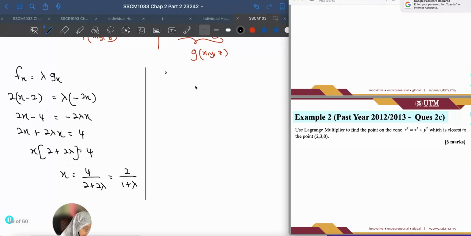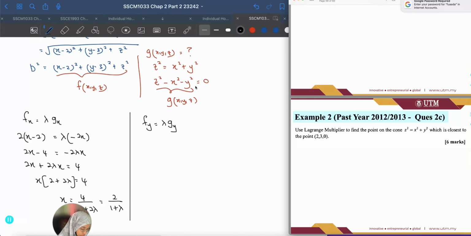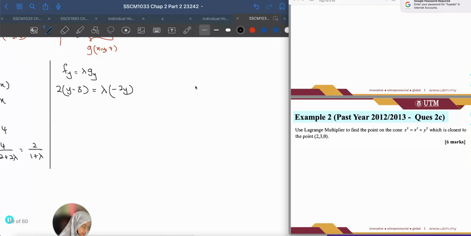And we go to the next, fy equal to lambda gy. Fy, so 2y minus 3 equal to lambda. Now gy, so negative 2y. Let me simplify.